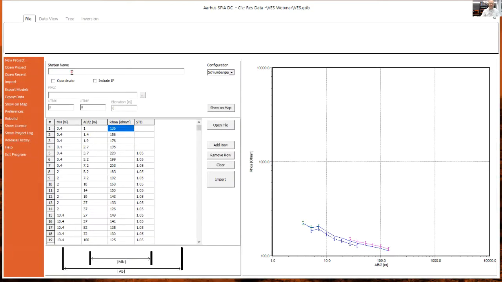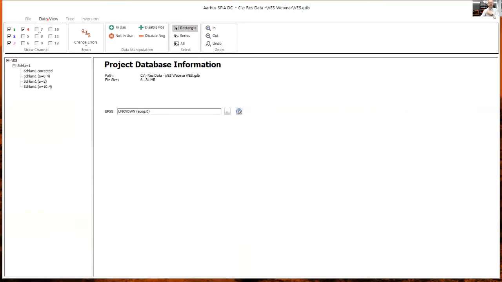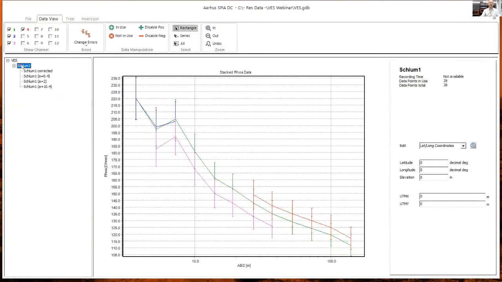Oh, I have to give the VES node name. So this was Schlum1. Import. And then in my data view, if I click on the measurement sounding, what I see is 4 different data streams.